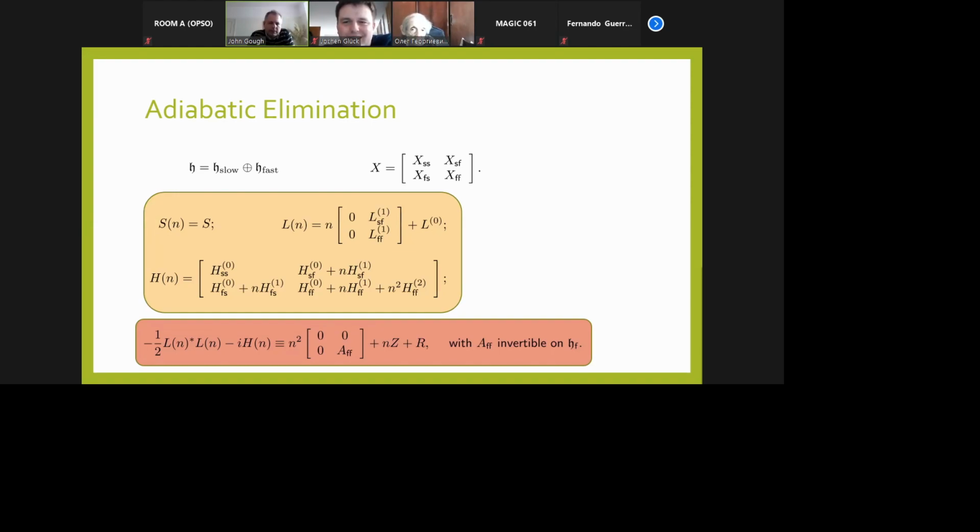This, incidentally, is the effective damping operator we saw in, I think, Professor Philippov's talk earlier. Basically, the lead term here, the most divergent part, the n squared bit, is going to have only one quadrant, the fast to fast part, which can be non-zero. And specifically, we want this to be invertible on the fast subspace.